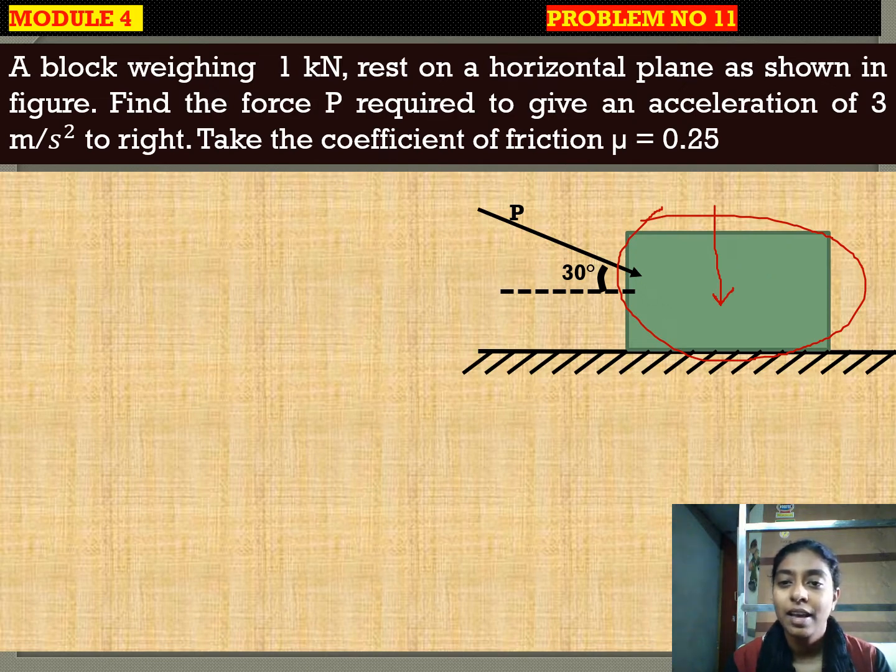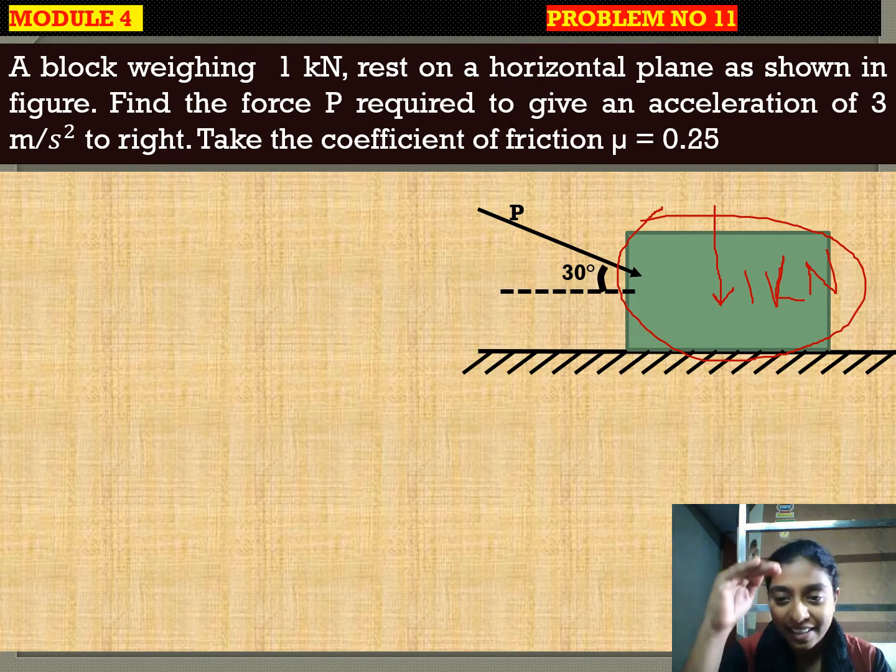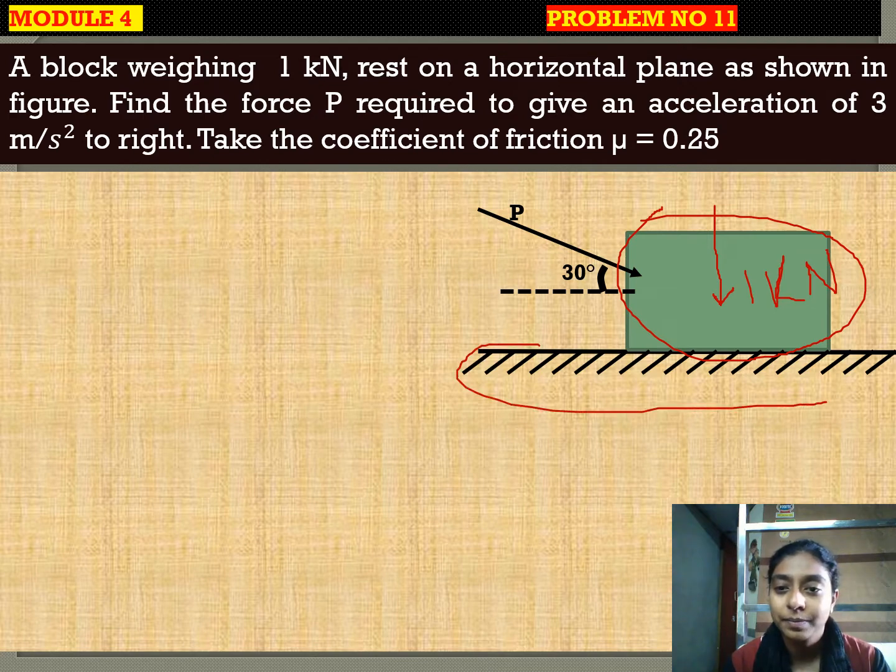So this weight always acts downwards and it rests on a horizontal plane. So this is our horizontal plane.